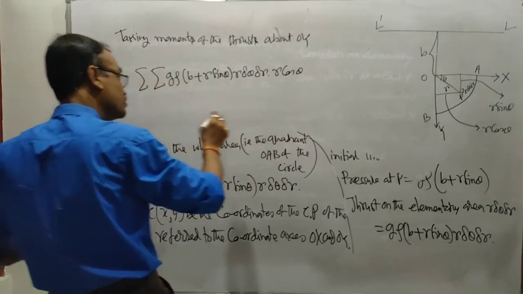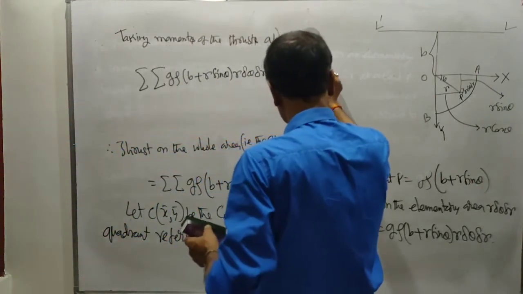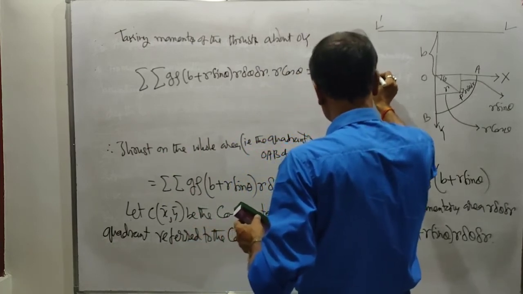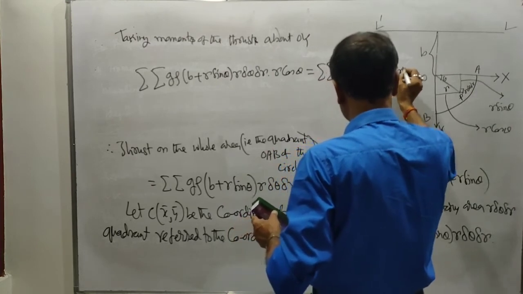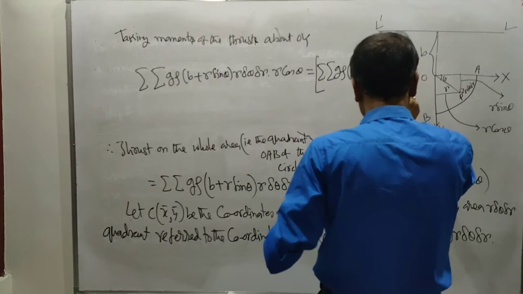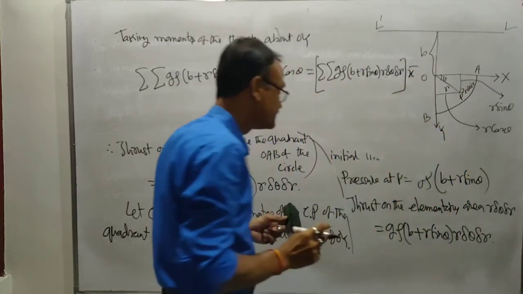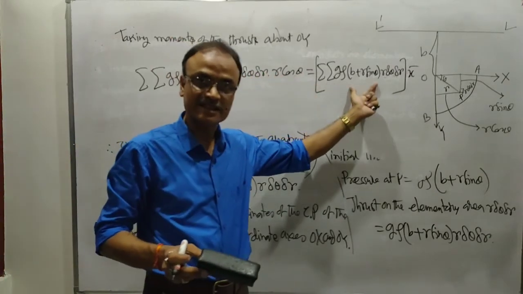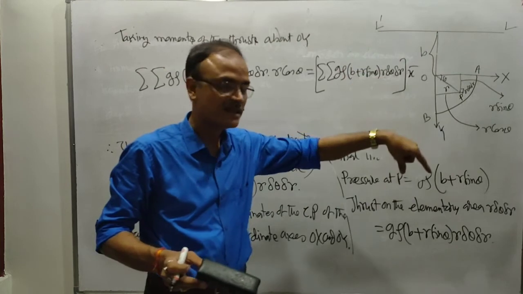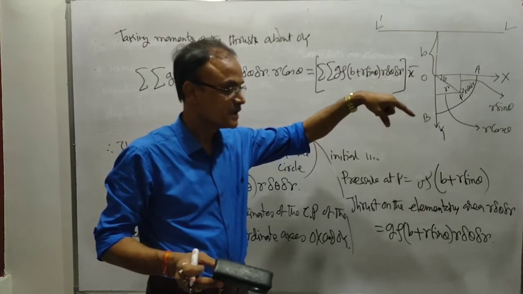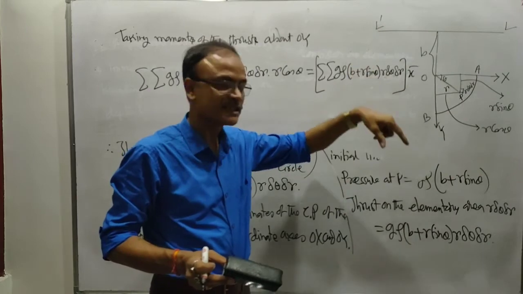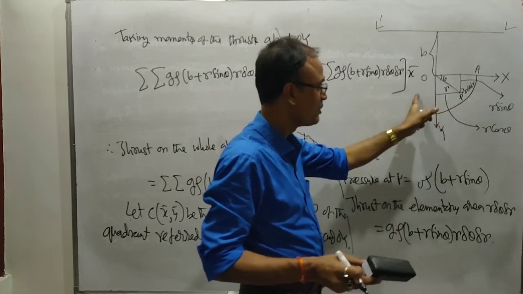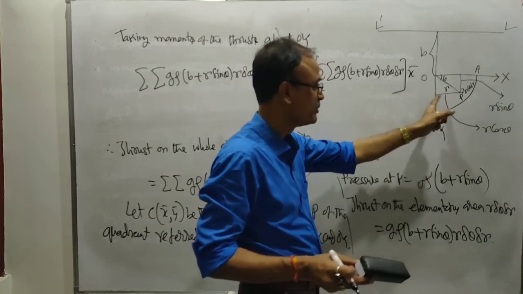This is equal to double summation 0 to b plus r sin theta r delta theta delta r times x bar, the x coordinate of the center of pressure, the moment of the resultant thrust. The resultant thrust passes through the center of pressure, therefore its distance will be x bar.